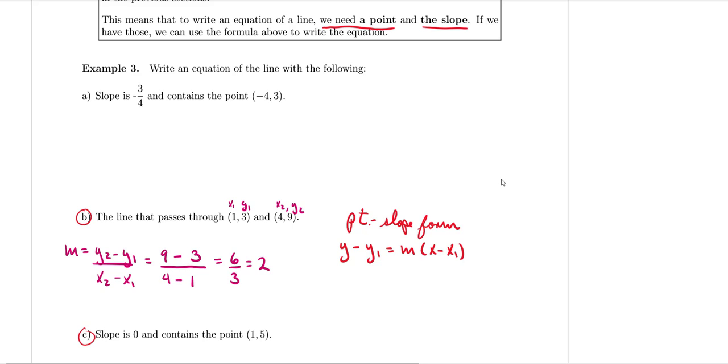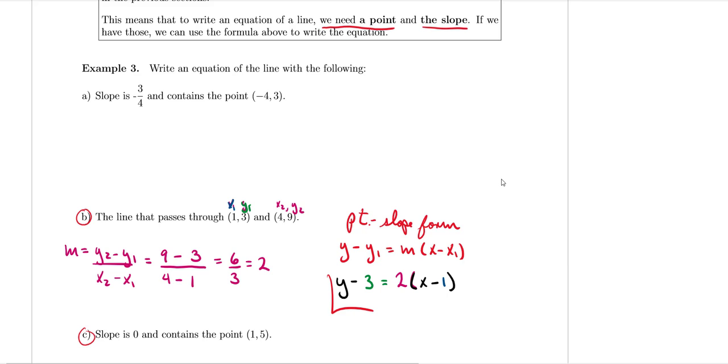So putting everything together, we'll have y minus y1 being the 3, and that's equal to the slope, which we got 2, times x minus x1, and there we go. We are done.